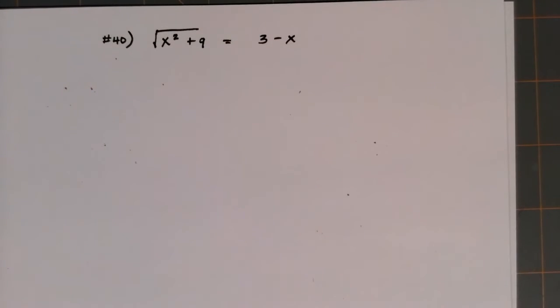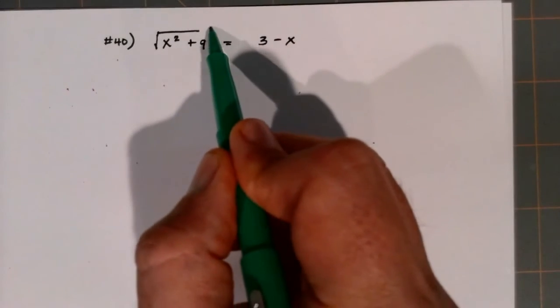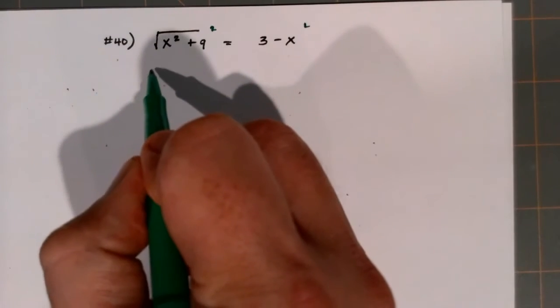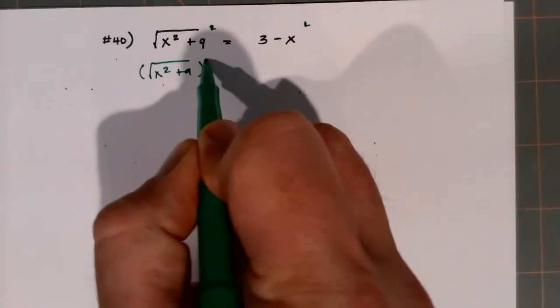Okay? So this is number 40. You do have one like this, okay? I think it did multiples of 3, so it's either 39 or 42. All right. So you look at this like, well, I don't know what's so hard, Mr. Cubic. I'm just going to square both sides, right? And so you say this is equal to root x squared plus 9 quantity squared.